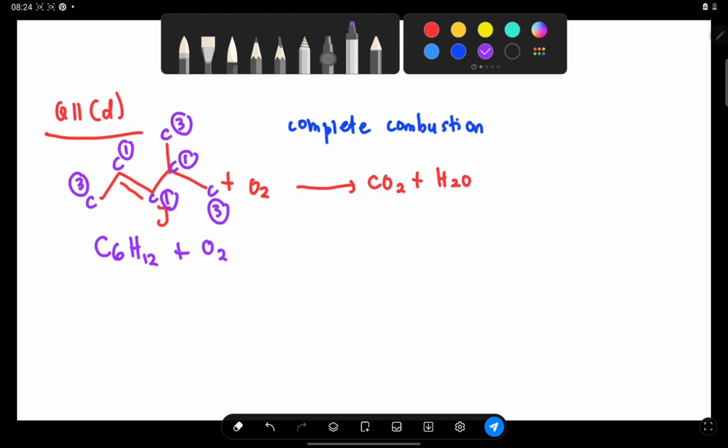Plus O2 gives CO2 plus H2O. Then balance the stoichiometry.